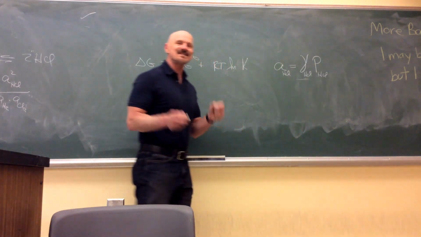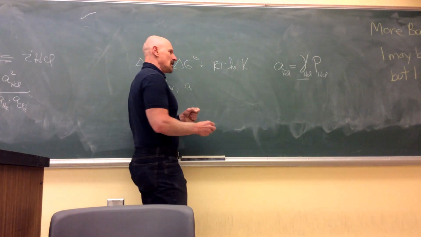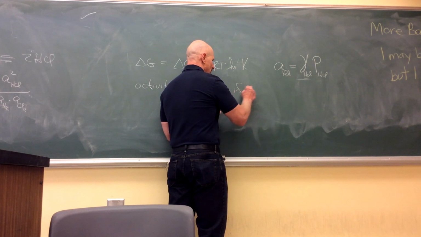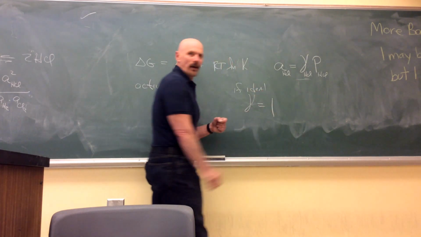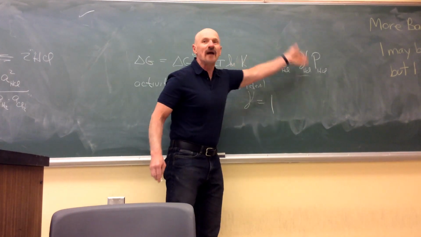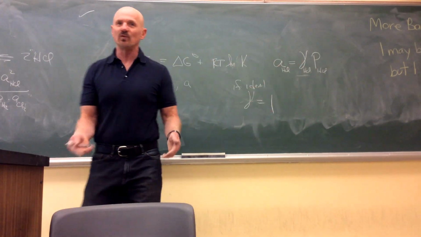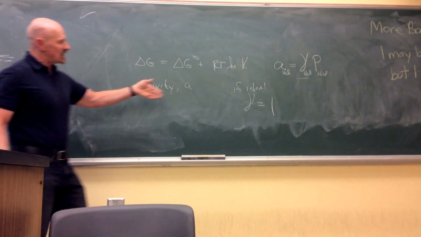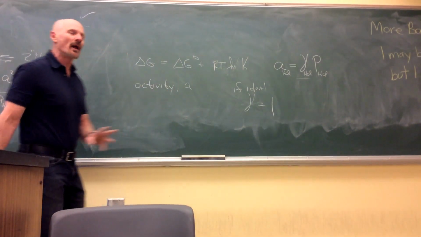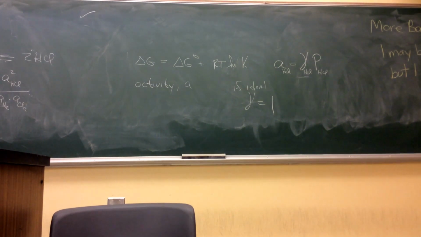If the system is ideal, then gamma is equal to 1. The activity becomes the pressure, and we do the same problems we've always been doing. So the farther away the activity coefficient is from 1, the more non-ideal it becomes. And we will need to do that.